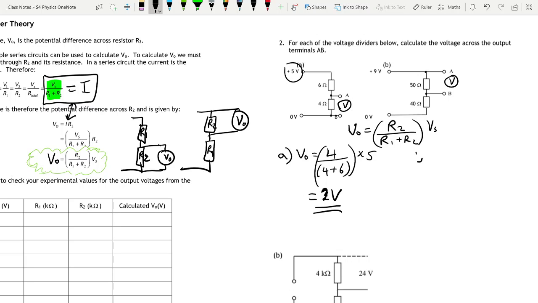And for part B, remember we're now looking at the voltage across here, so this must be R2. So V out equals 50 divided by 50 plus 40 times by the supply voltage, which is 9 volts. And that comes to, if you put that into your calculator, 5 volts.